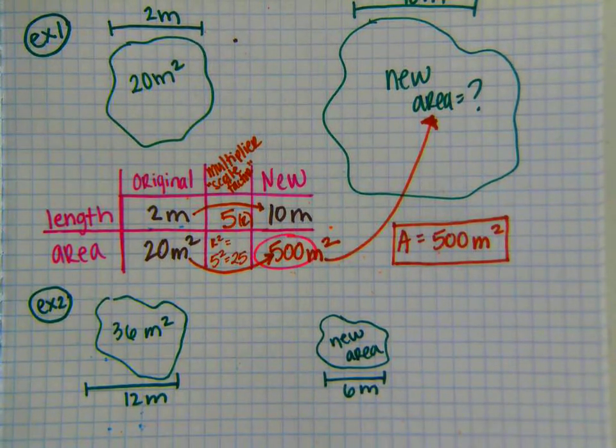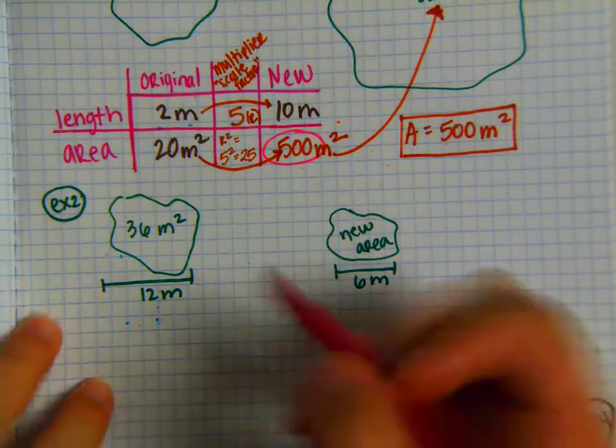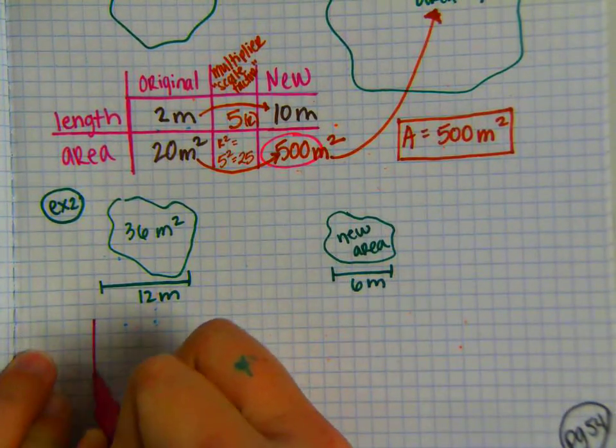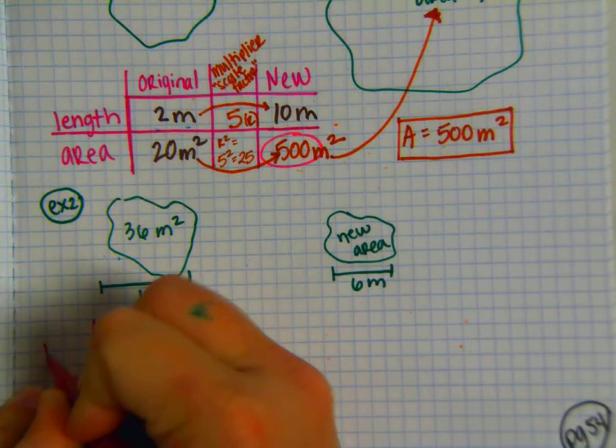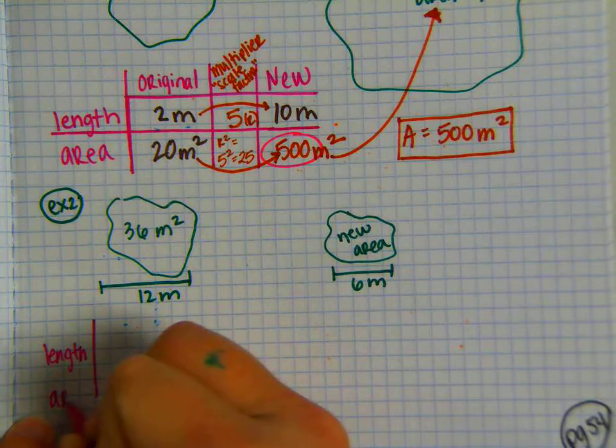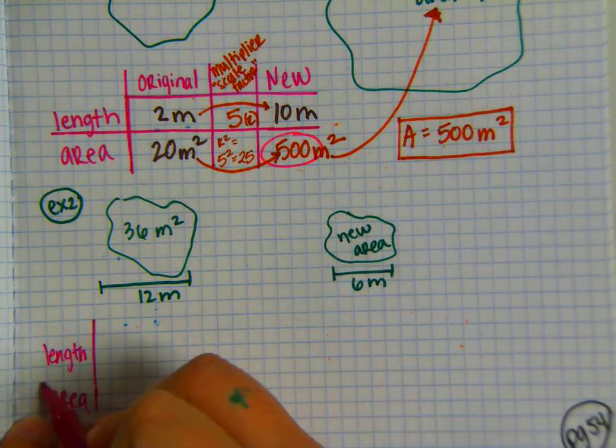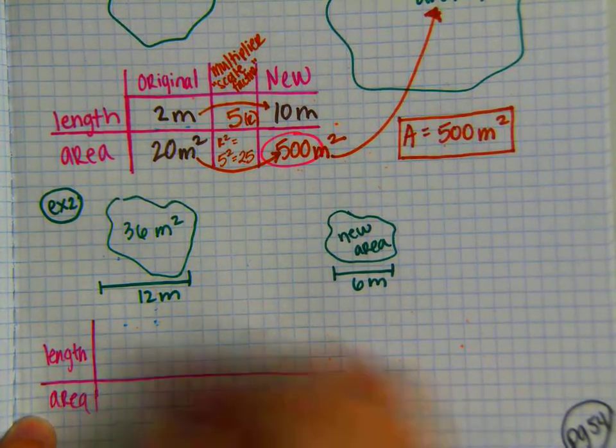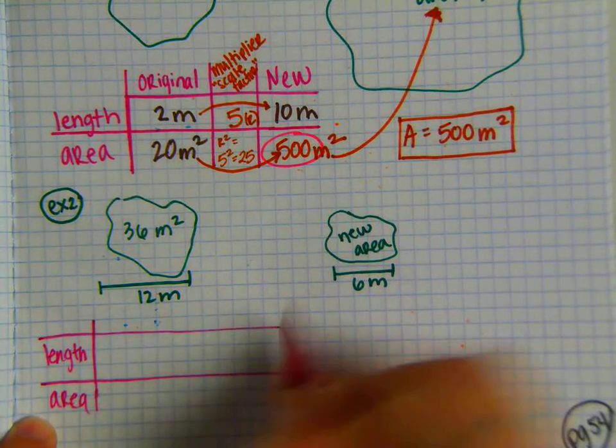So in your table, it's going to look the same. We're going to have length and area. Original.